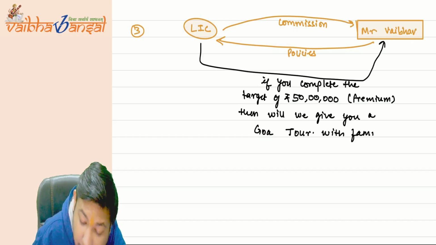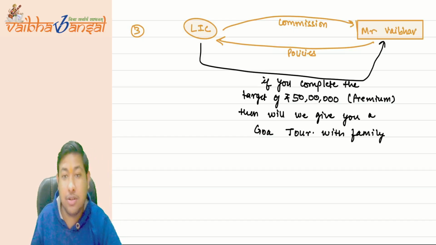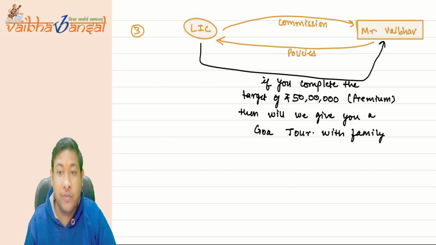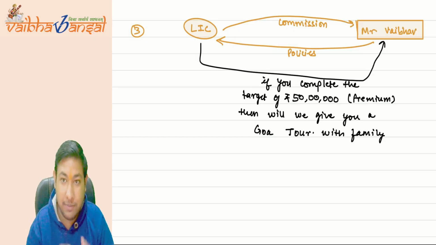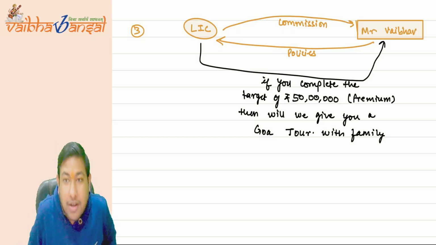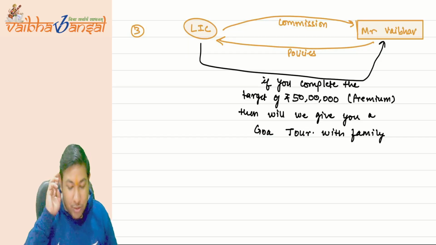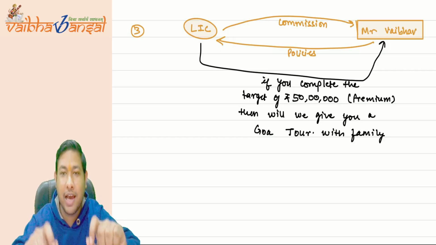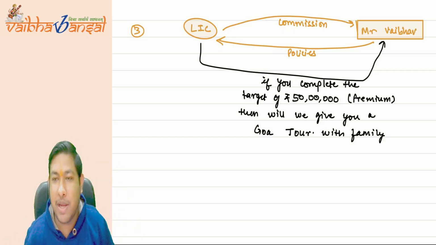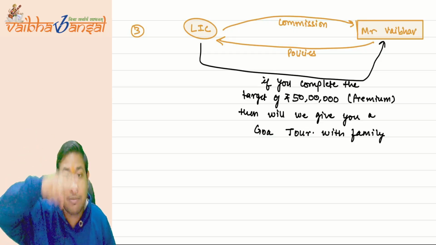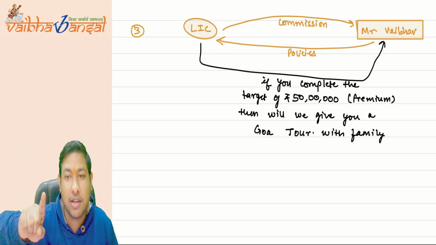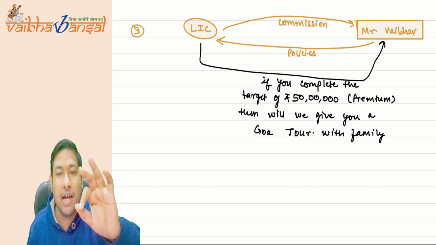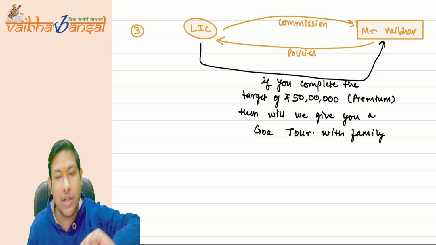The LIC does not want you to go to Goa without your family; they keep track and give you the offer with family only. So you can't have any fun. If Mr. Weber completes the target of 50 lakh rupees premium, then the LIC will give him the Goa tour package with family.